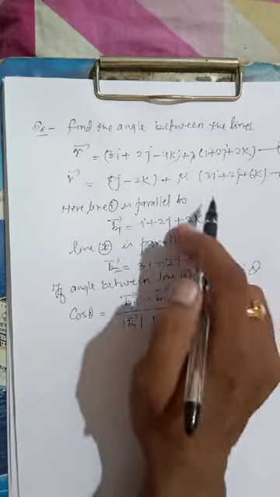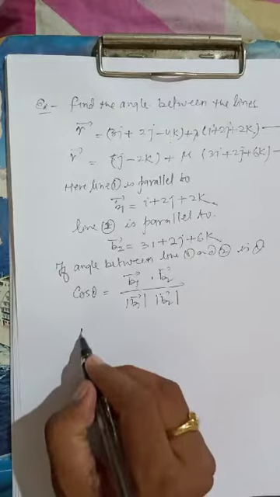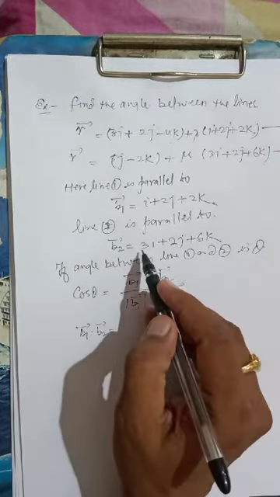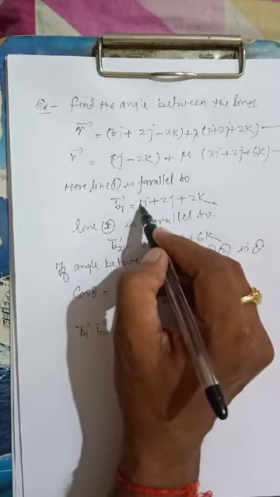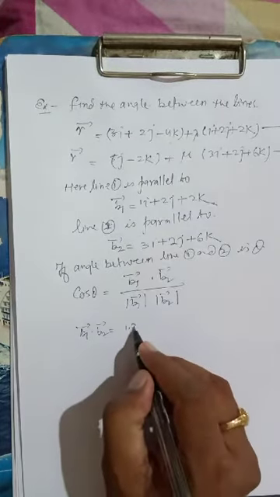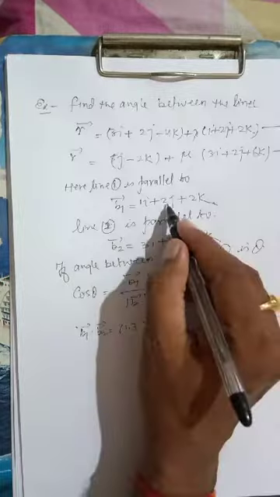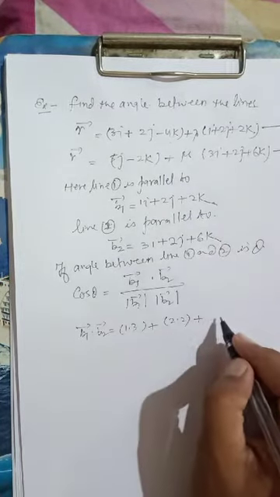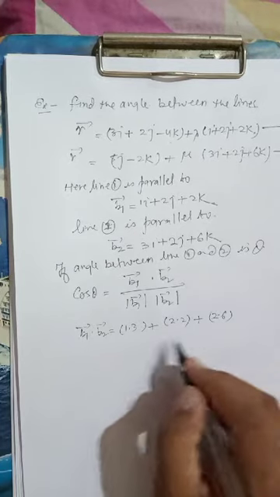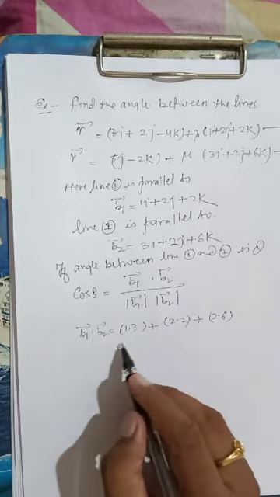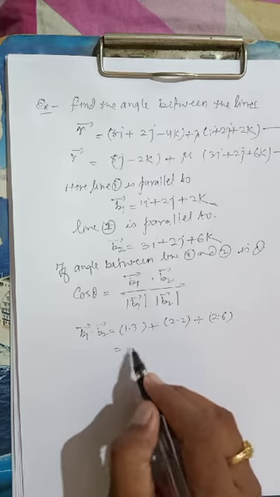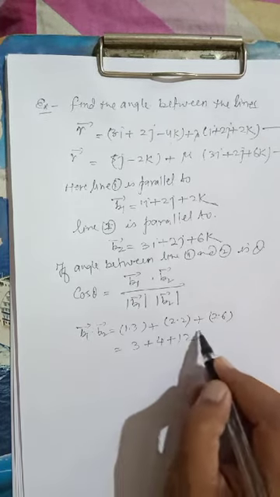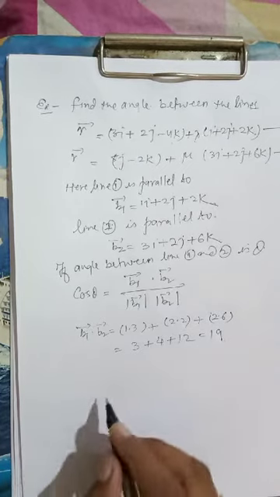So b1 vector dot b2 vector is equal to 1 into 3 plus 2 into 2 plus 2 into 6. In vectors, all of you are aware of this. So it is 3 plus 4 plus 12, so it is 19.